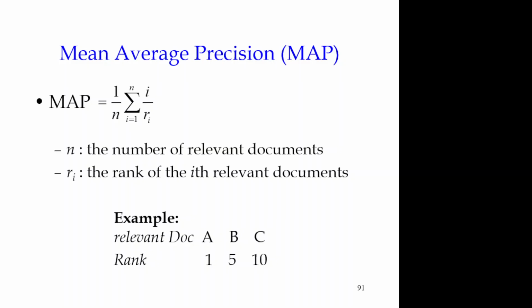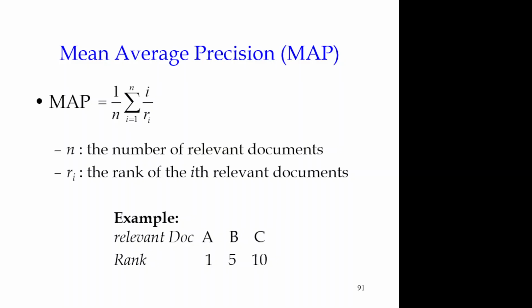Based on this equation, R is your rank, and i is how many relevant documents there are up to this position. So only 1, because only 1 correct answer here, and its rank is 1. So we calculate like this.